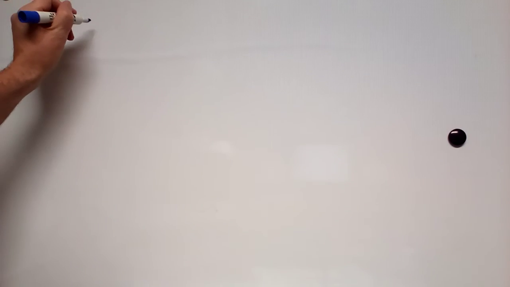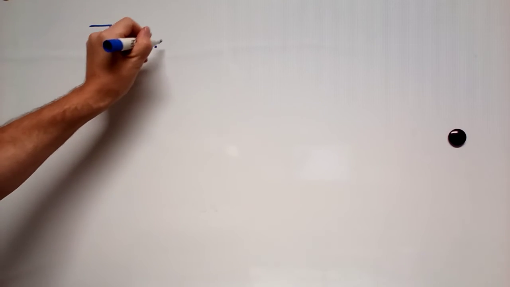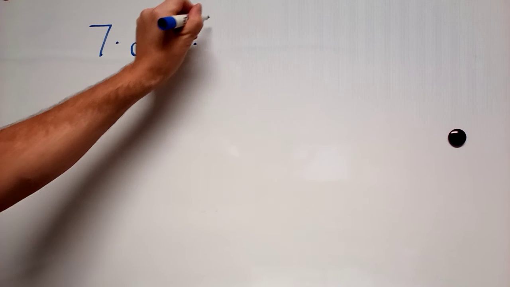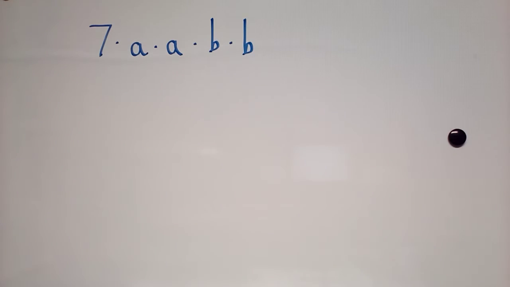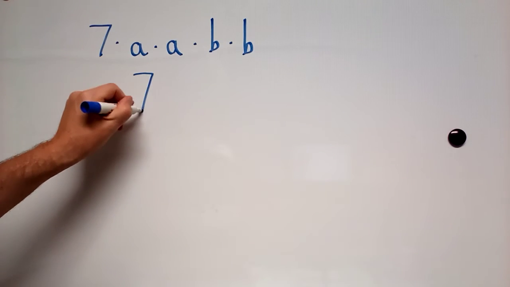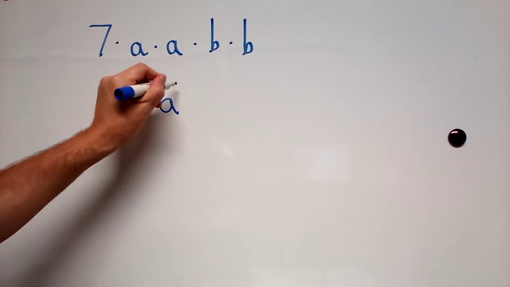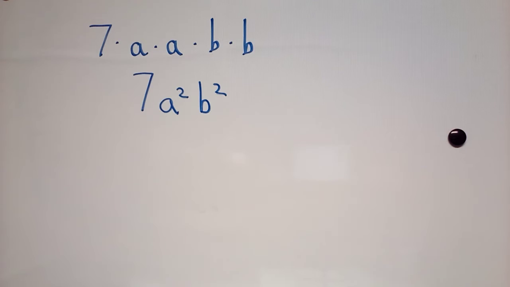Sometimes you may see something along these lines: 7 times a times a times b times b. If we had that and we wanted to simplify it using exponents, we would write 7a squared b squared.